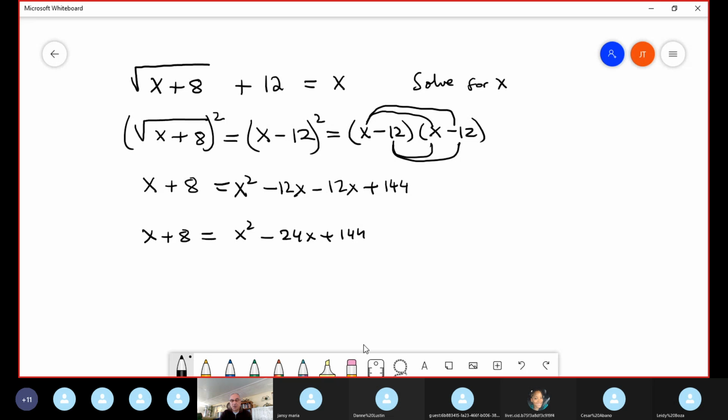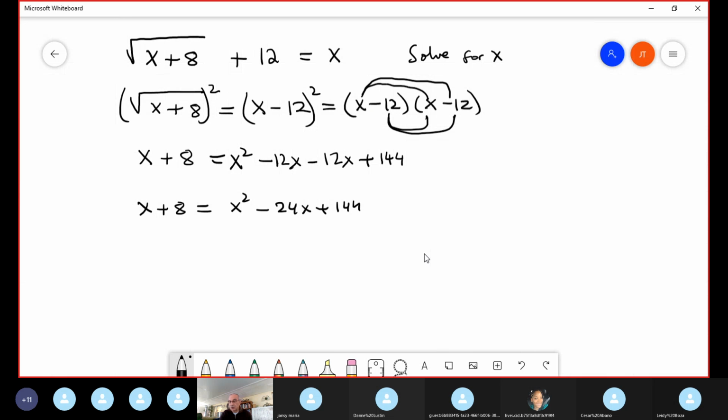Guys, remember, you are taking an advanced class. Personally, I don't like FOIL. This is for the kindergarten guys. When you multiply the same square, I know it's formed by a trinomial. The first term is squared, the last term is 12 squared, and the middle term is twice the multiplication of 12 and x, times 2 extra.